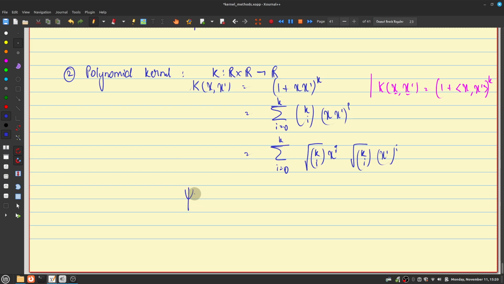So my psi of x is going to be 1, square root of k choose 1 times x, square root of k choose 2 times x squared, and so on.